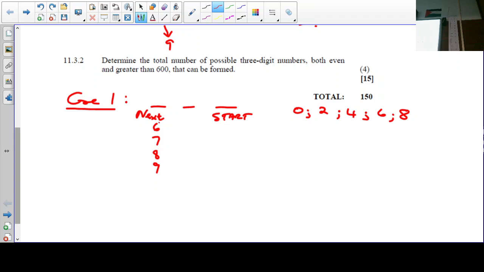If I consider 6 and 7 here, then I can't consider 6 in the last place.